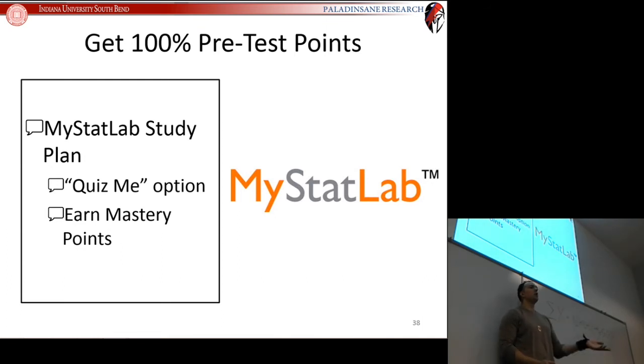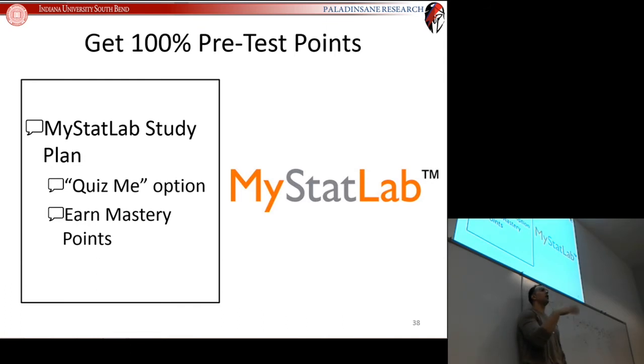So if you go and check your pretest score, and let's say that you got 50%, what you can do is go to the Chapter 1 study plan, and they have mastery points available. Some chapters have 3 mastery points, some have less, some have more.